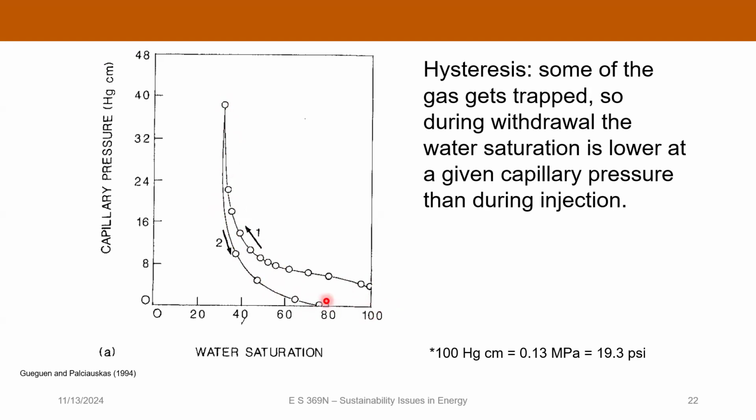And then the other thing that happens is if you're doing seasonal storage and seasonal withdrawal, depending on what the water saturation is when you start your injection and withdrawal cycle, you can end up at different positions in between these curves.